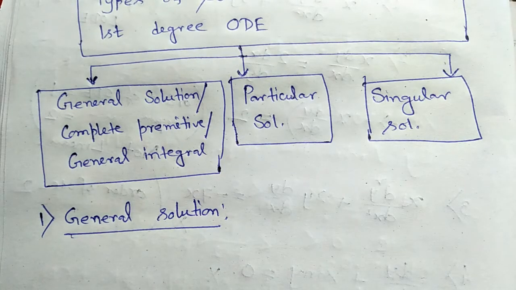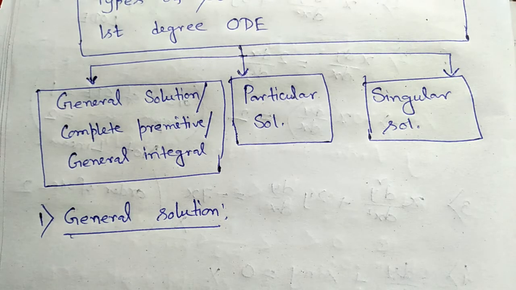Just to recap, when we formulate or construct a differential equation, we have to eliminate the arbitrary constants. But when we solve a differential equation, we again gain all those arbitrary constants.